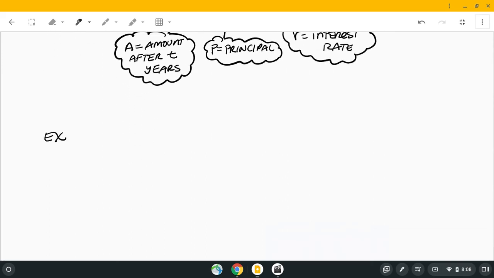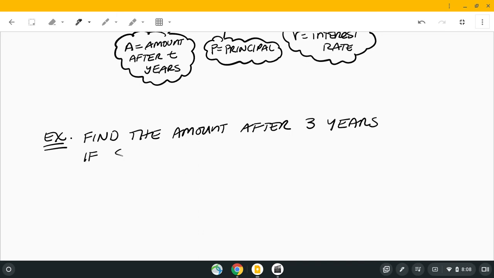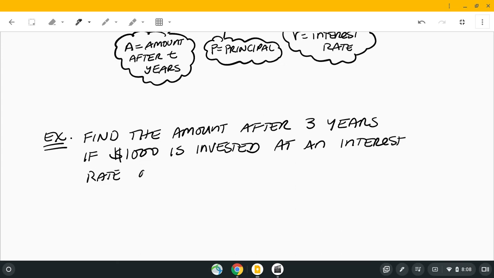Then you would get a problem like this. Find the amount after 3 years if $1,000 is invested at an interest rate of our wonderful 12% per year, compounded continuously.